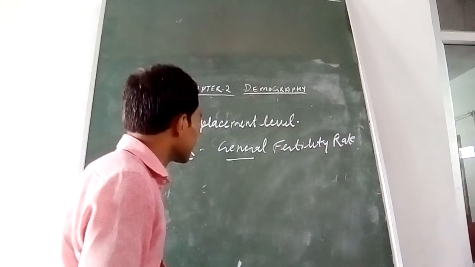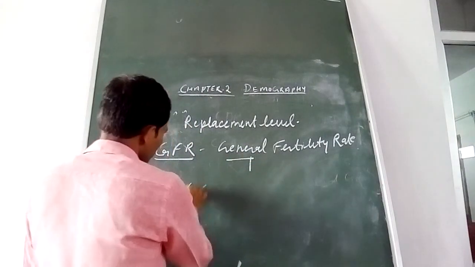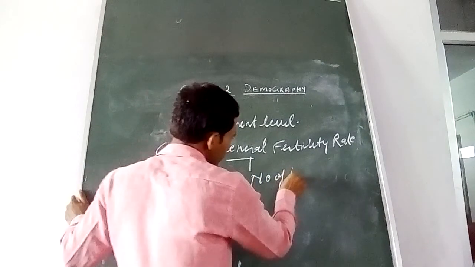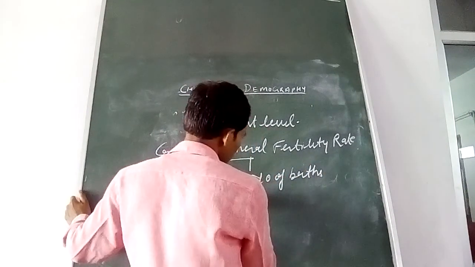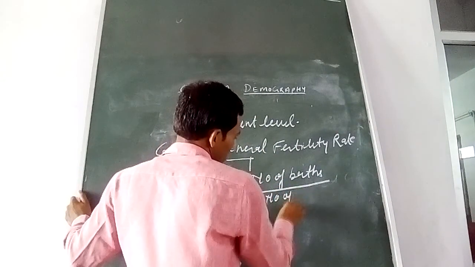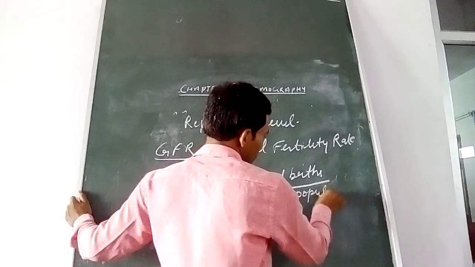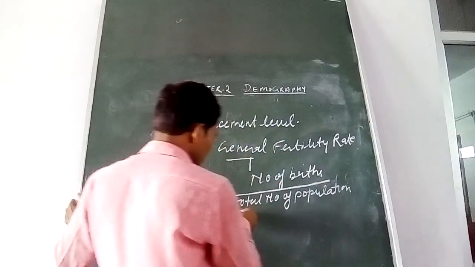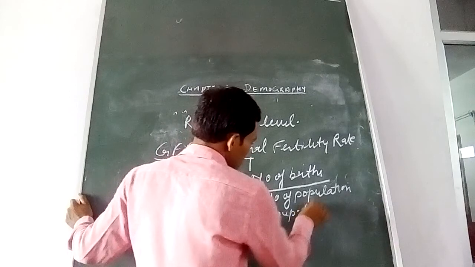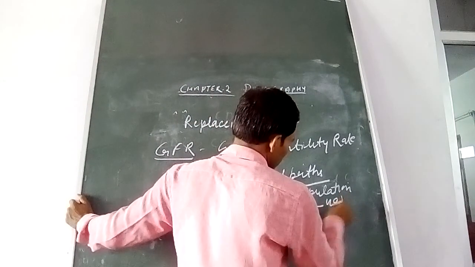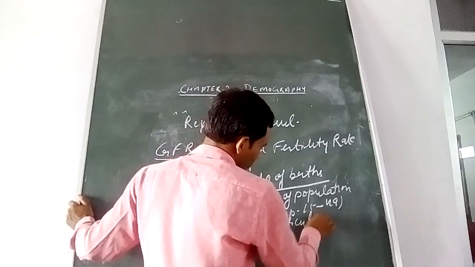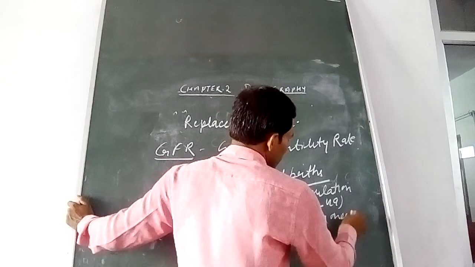So the general fertility rate is the number of births upon total number of population of the age group 15 to 49 in a particular area.